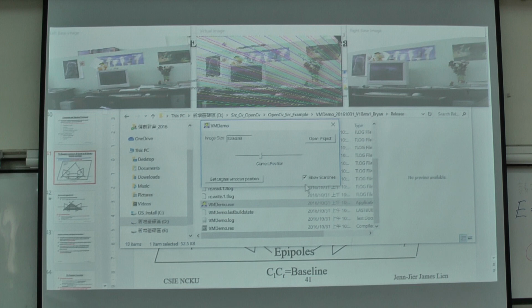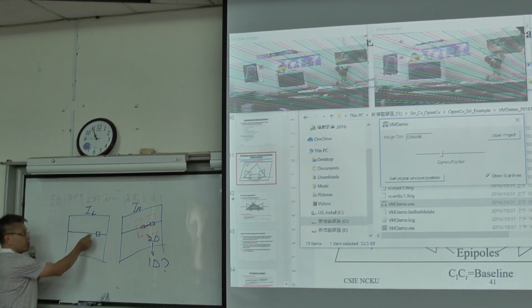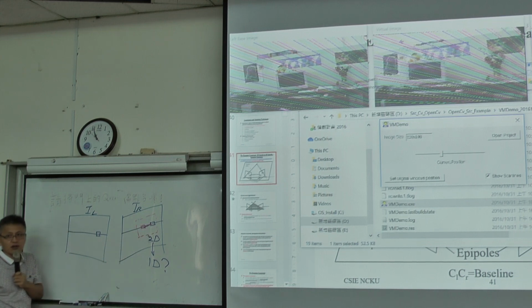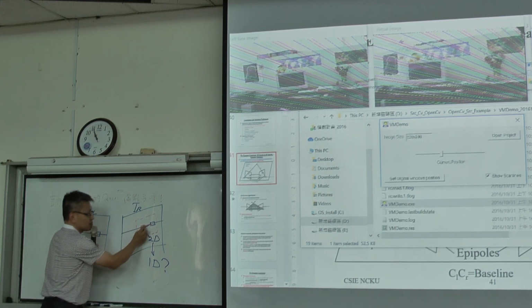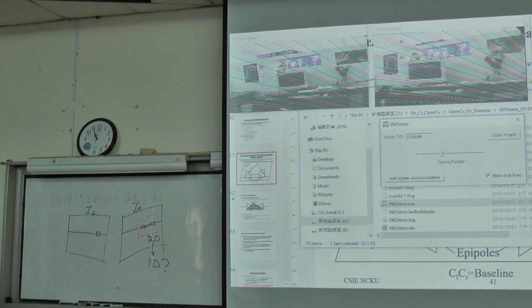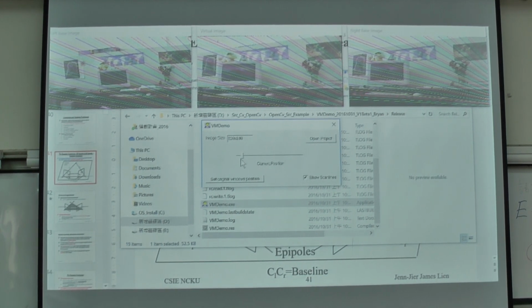That means the corresponding point will show along the epipolar line. 那意思是说，你就可以在这中间这些点，用内插的方式，把虚拟的点找出来。This image is not real.